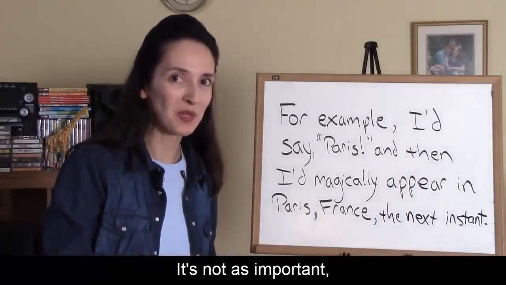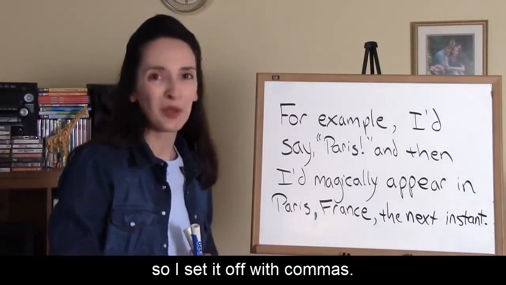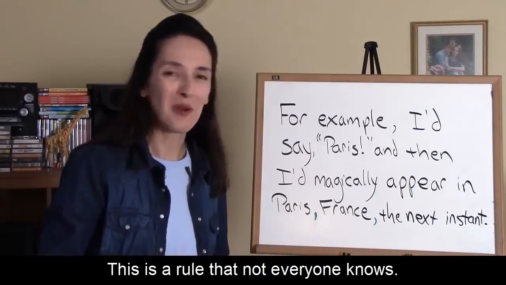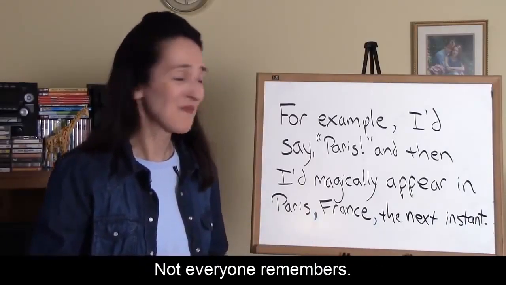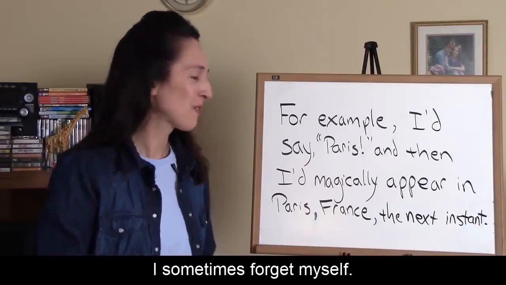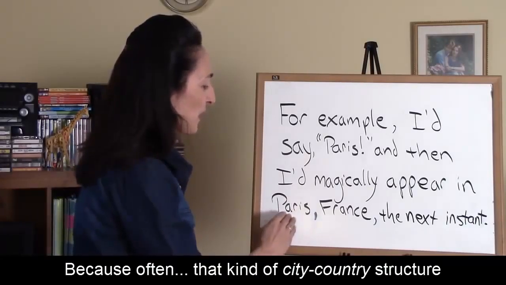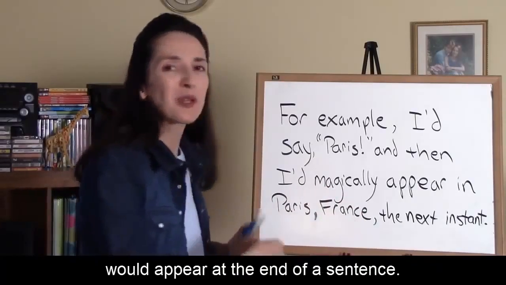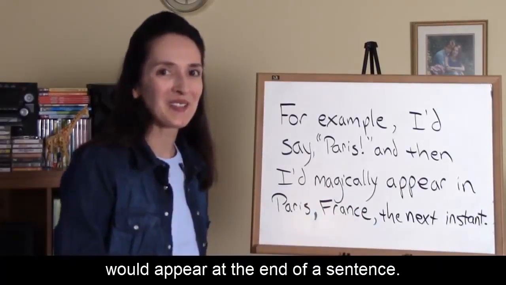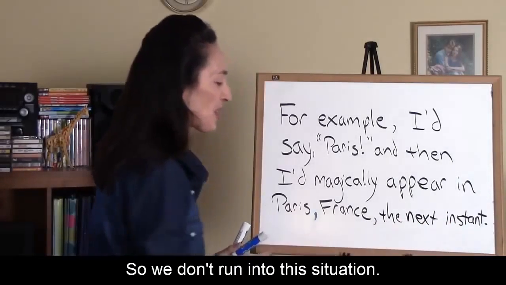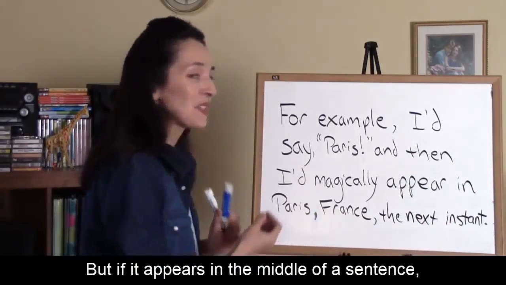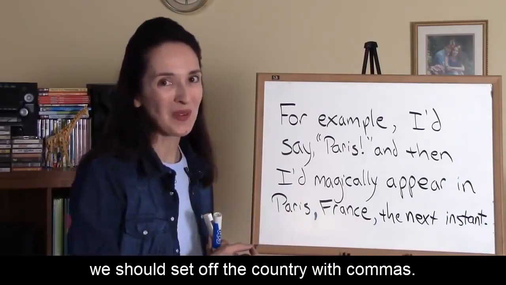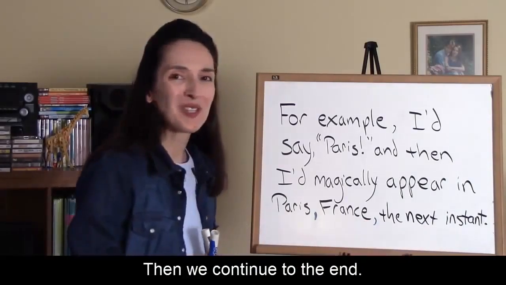It's not as important, so I set it off with commas. This is a rule that not everyone knows, not everyone remembers. I sometimes forget myself because often, Paris, France, that kind of city, country structure would appear at the end of a sentence, so we don't run into this situation. But if it appears in the middle of a sentence, we should set off the country with commas. Then we continue to the end.